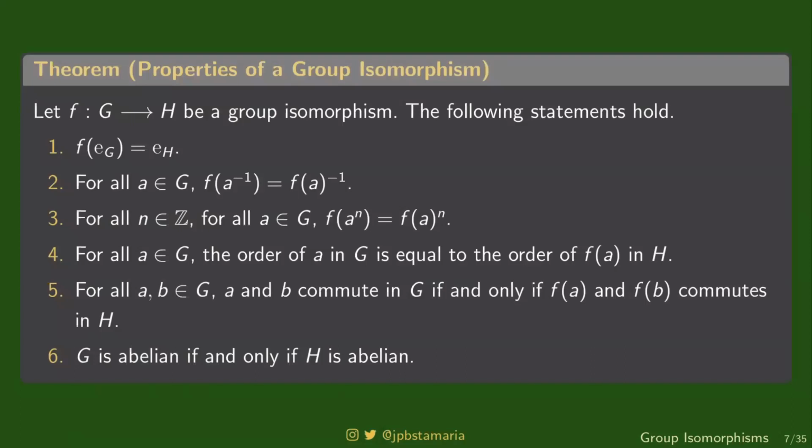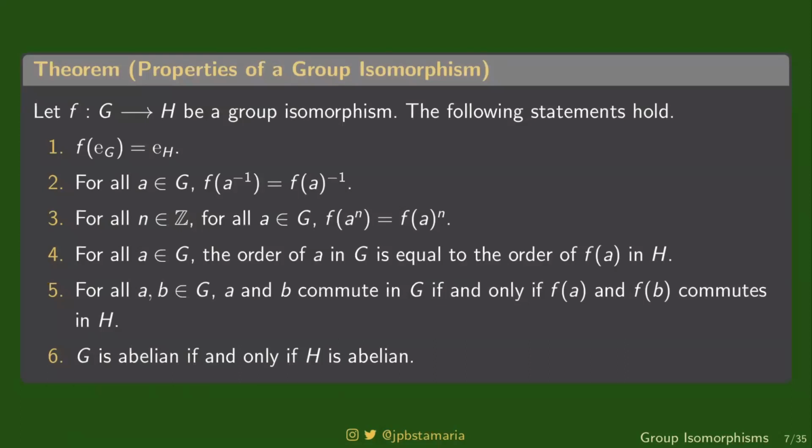Number 1 says: if F is a group isomorphism from G to H, then the identity of G must correspond to the identity of H. A group isomorphism must always take an identity to another identity element. You cannot map the identity element to an element other than the identity in the other group. That is not possible.